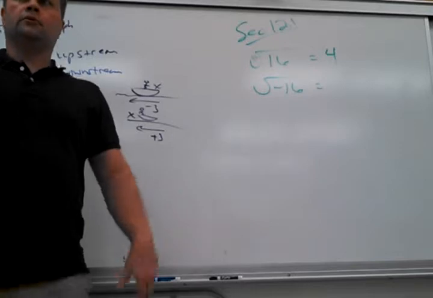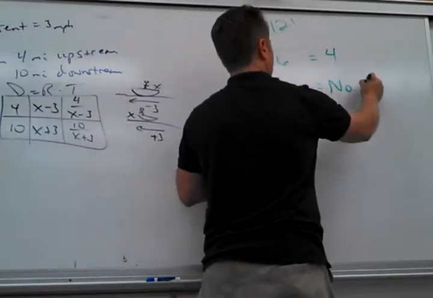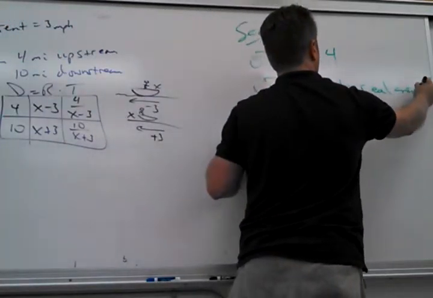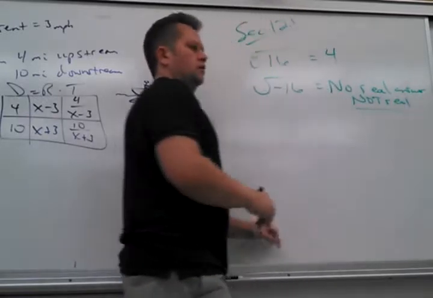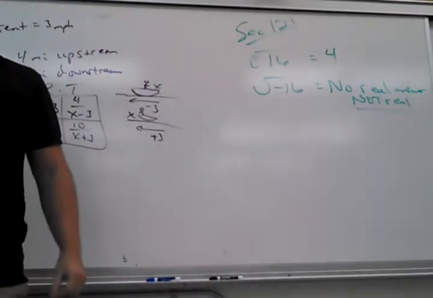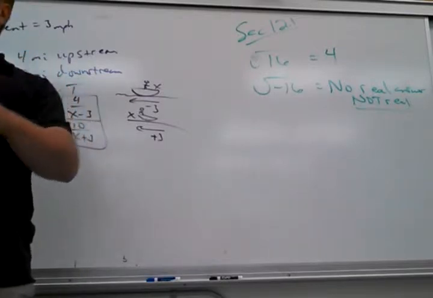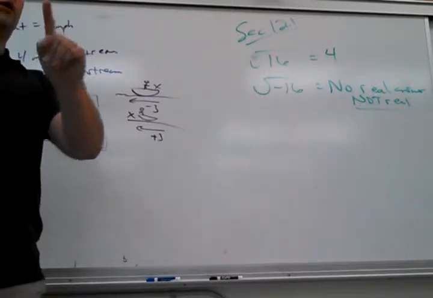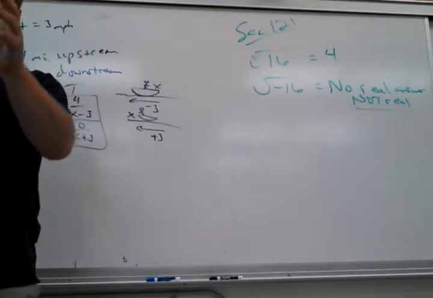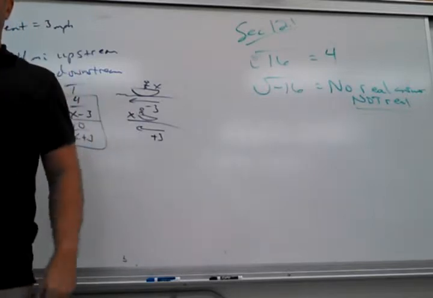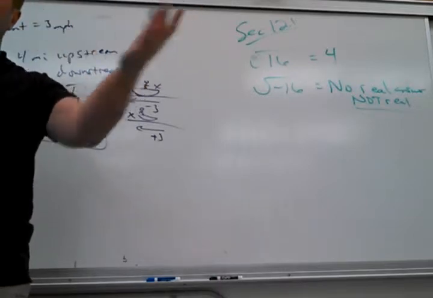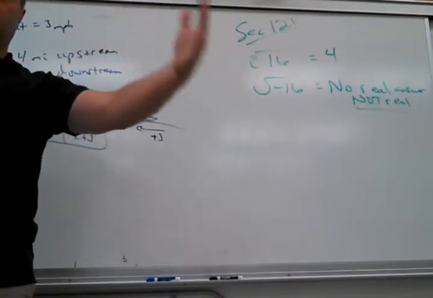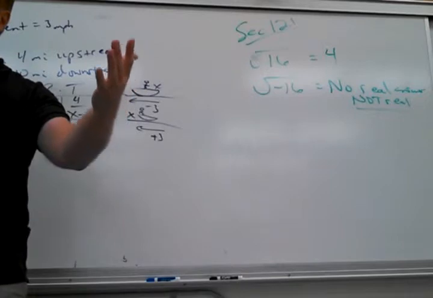There is no real answer. It is what's called imaginary. There are no real numbers that if you multiply it by itself, it comes out negative. If you multiply something by itself, they're both positive, which is positive, or they're both negative, which is positive. Are you with me?